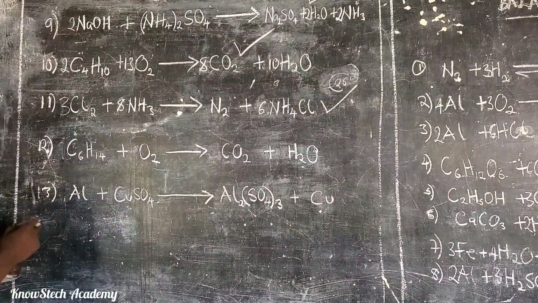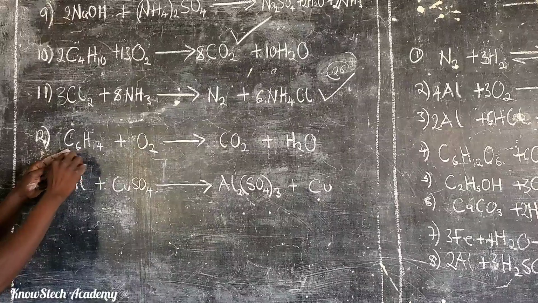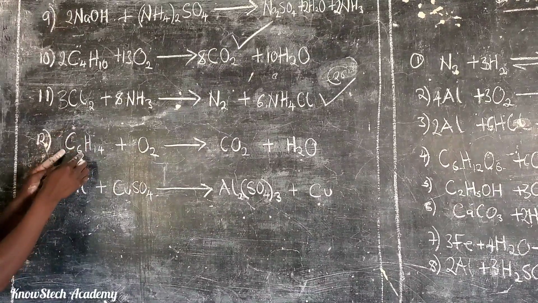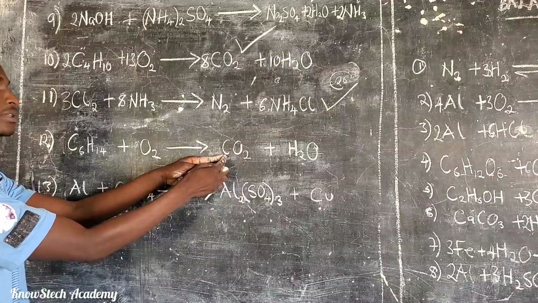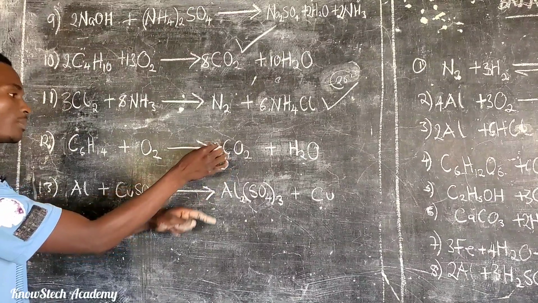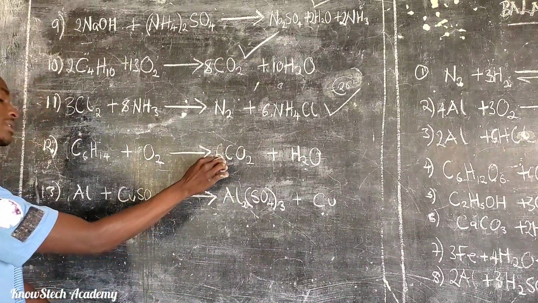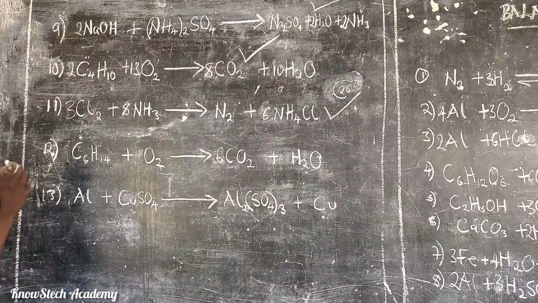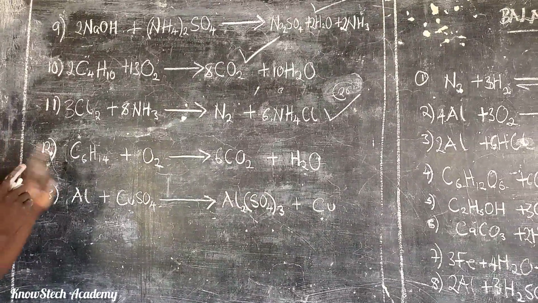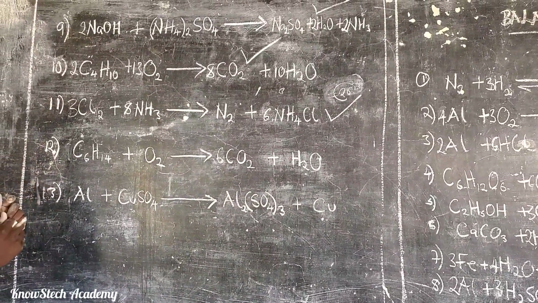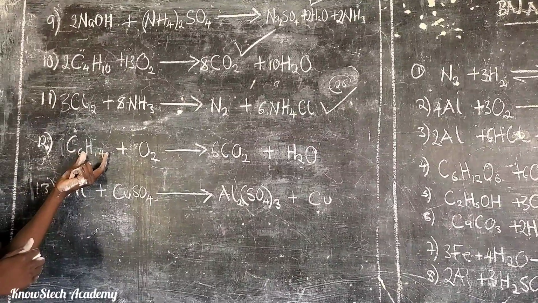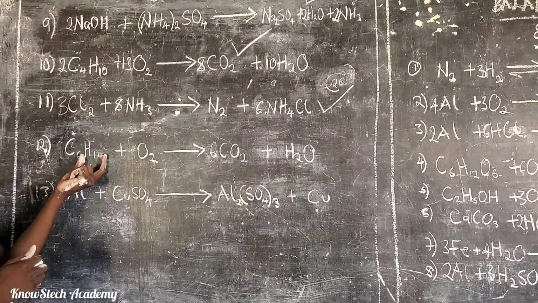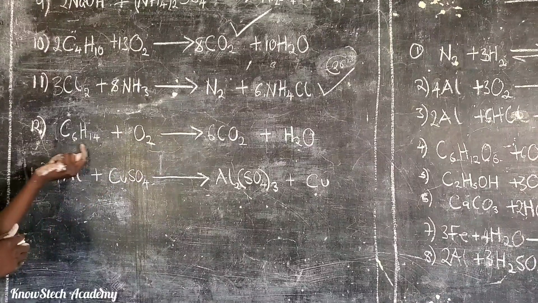Let's balance it. We have 6 atoms of carbon. We start with the basics. So by writing a 6 there, the number of carbon atoms balances as well. Hydrogen is how many? 14 on the reactant side.